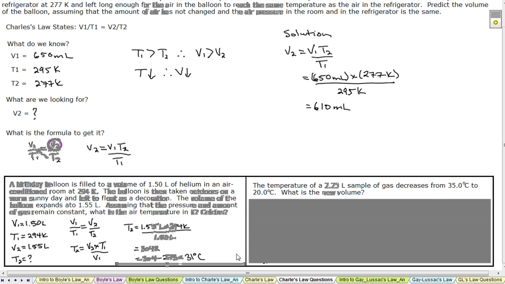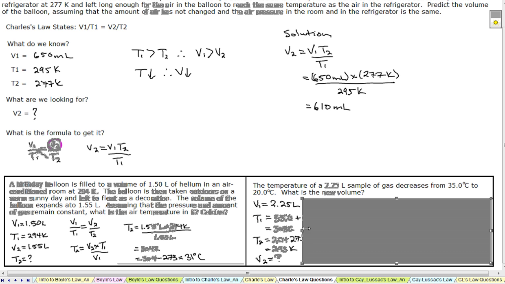And in this next question, the temperature of a sample of gas is going to decrease from 35 to 20 degrees Celsius. So obviously our volume is going to have to decrease as well. But again, we start out by writing down what we know. This one's a little trickier because our temperature is given in degrees Celsius, so we have to convert the two temperatures into Kelvin.